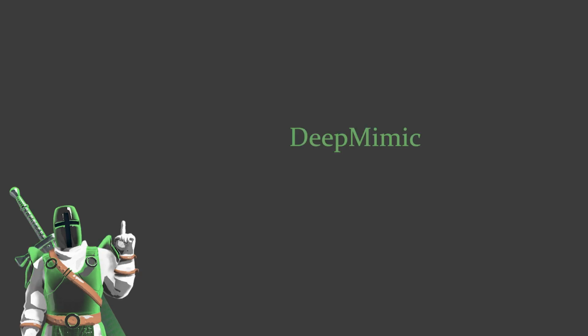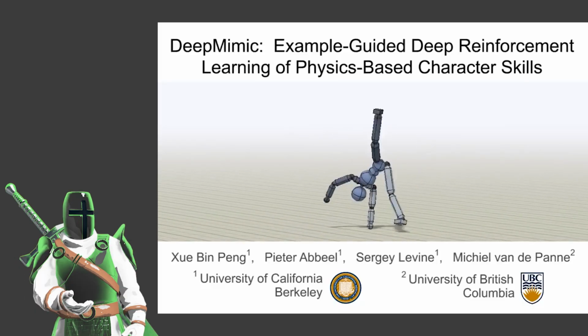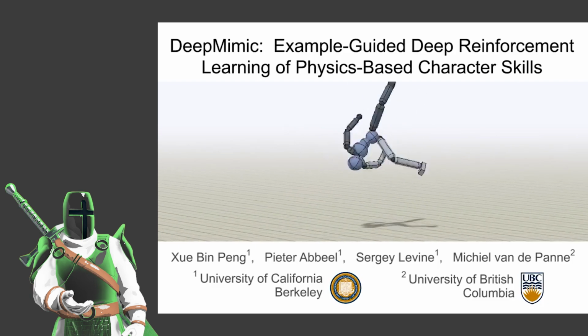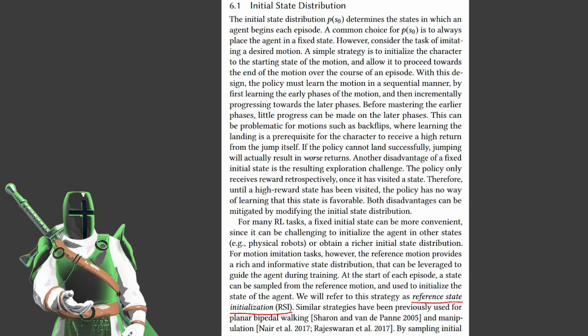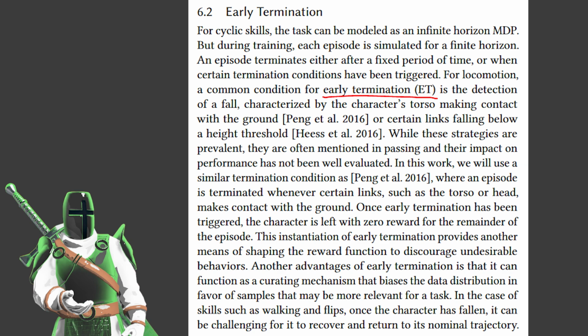Next, DeepMimic. DeepMimic is like a baseline method for physics-based character motion imitation learning. Besides using PPO as the core learning algorithm, it also has another two key components: reference state initialization and early termination.